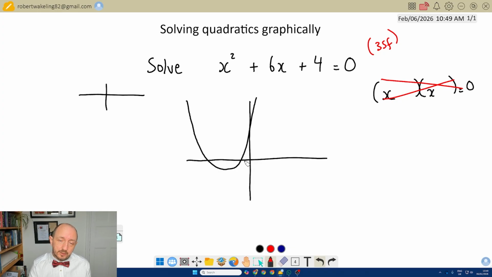When we read off, there's the origin, then -1, -2, -3, and we look through our scales, this will be where the solutions are, in terms of crossing the x-axis. And there'll be decimals and they will need to be rounded.